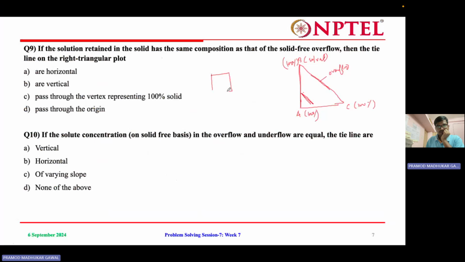Here is the LLE-like process. Feed and solvent streams; we do not have the overflow. After separating the solute from the solid, here is the sludge. Sludge means the remaining solution.